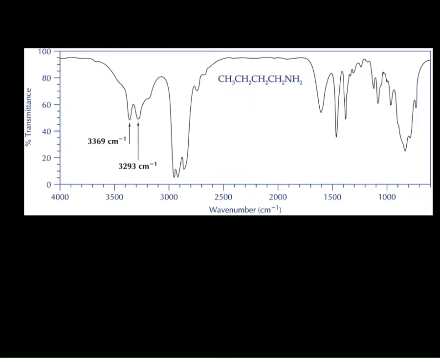So here's another example. This is butylamine, and butylamine, notice, also has an absorption in the same region as alcohol. So amines, in general, have an NH stretch.